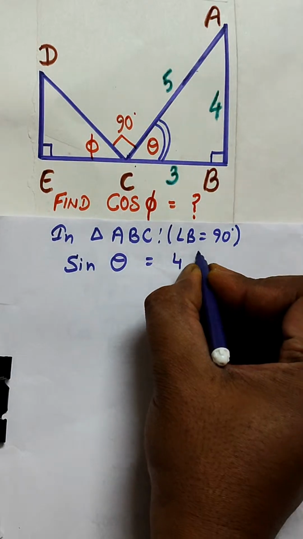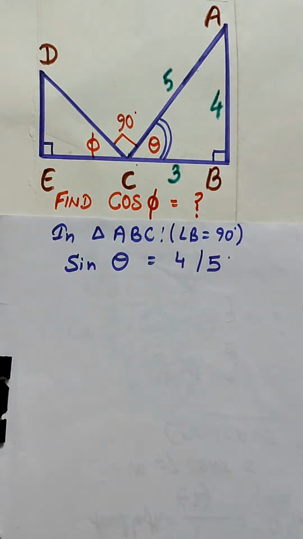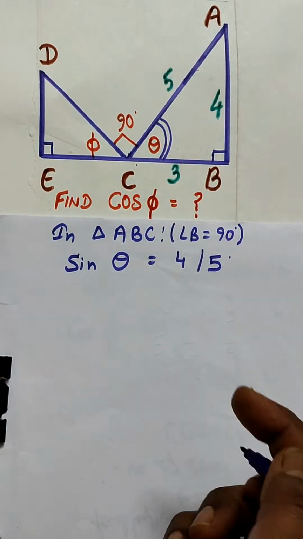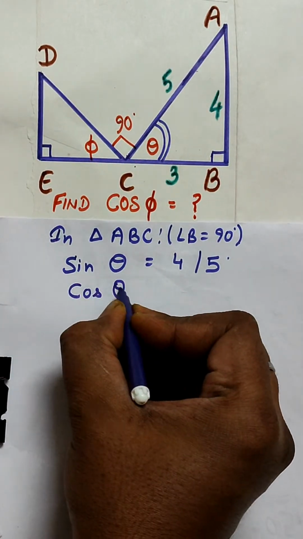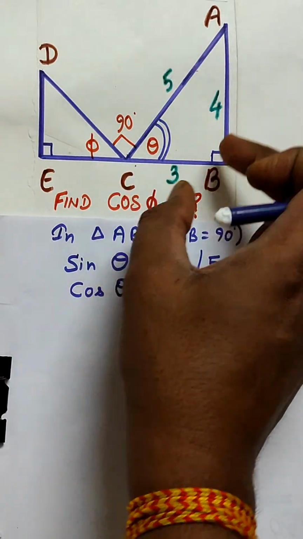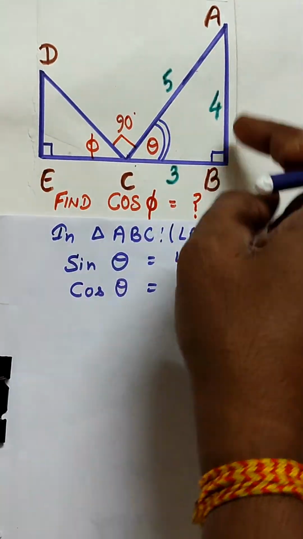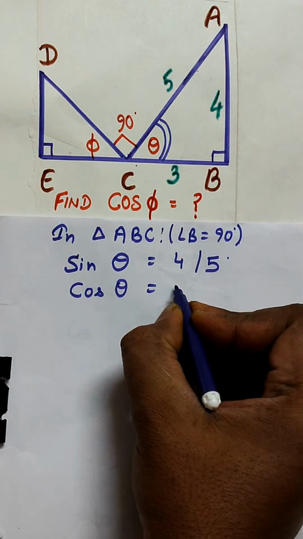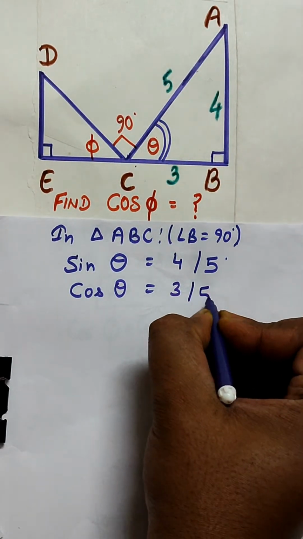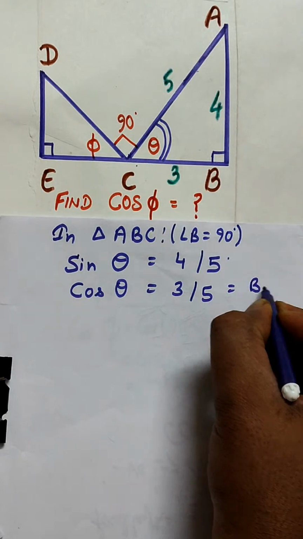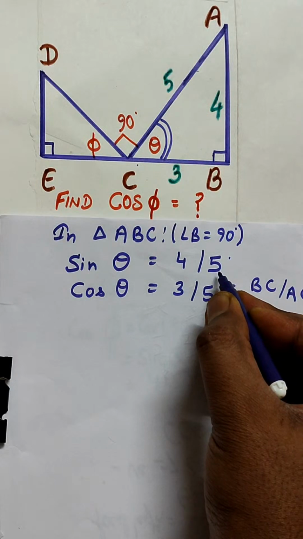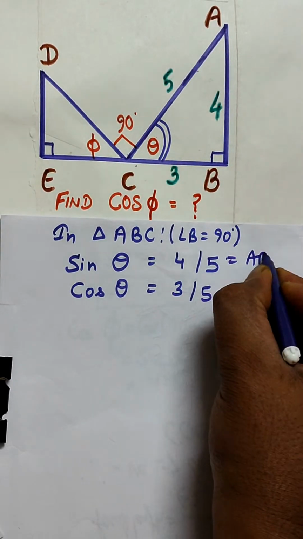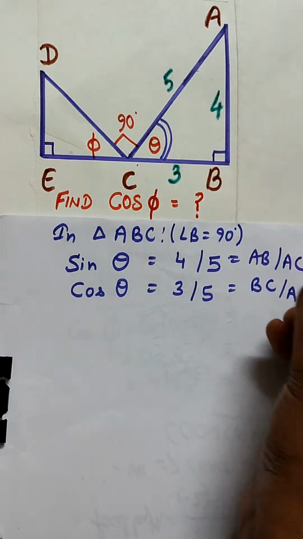And the other trigonometrical ratio, cos of theta, is base by hypotenuse, that is BC by AC, that means 3 by 5.